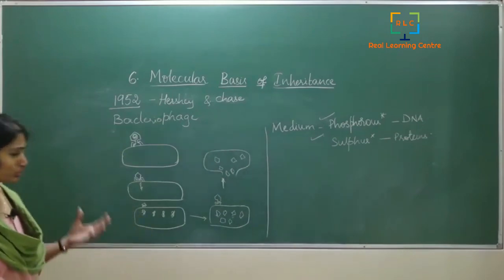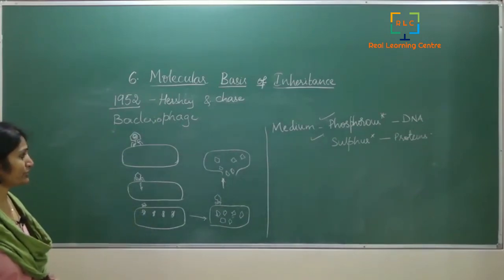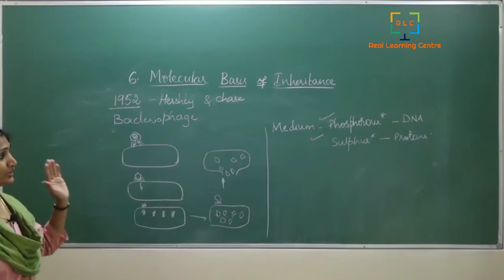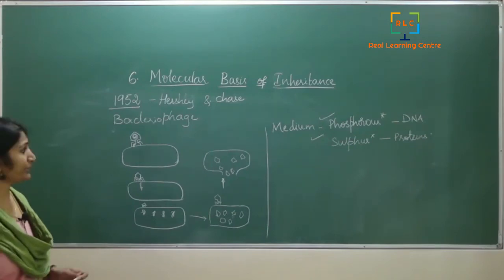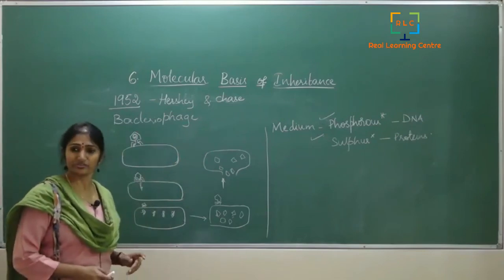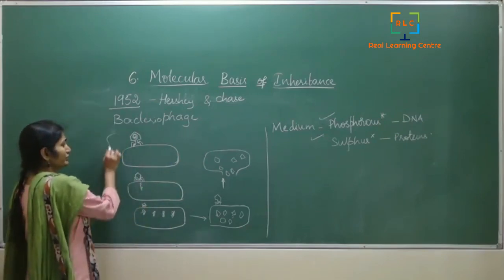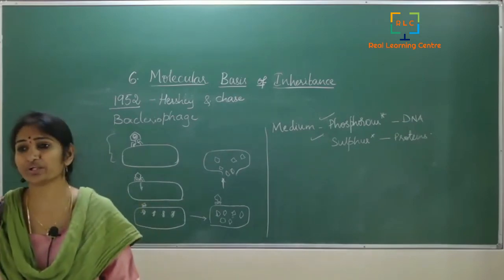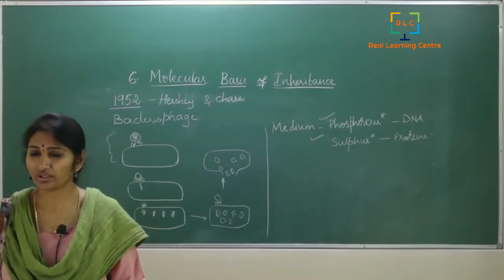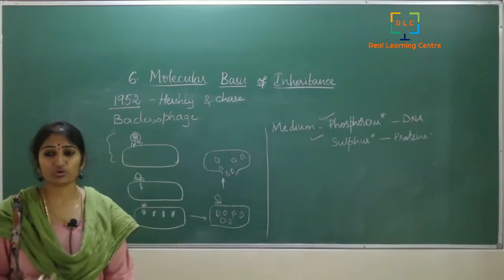So they were trying to grow two different types of bacteriophages, one with radioactive DNA and the other one with radioactive proteins. Now what they did was they took these bacteriophages and they were made to infect or attach to E. coli. Okay, it gets attached. Now what do we see?